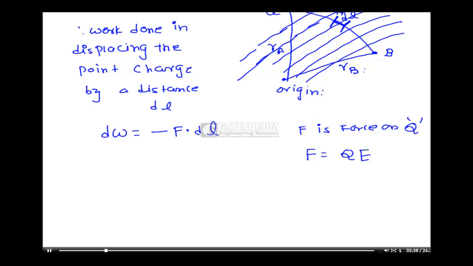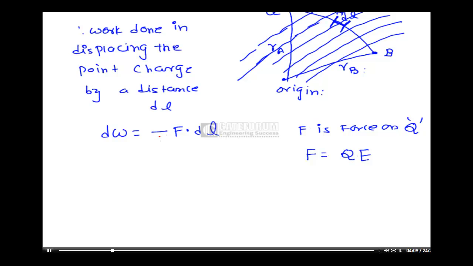Here the negative sign indicates that the work is done by some external agent to move the charge against the electric field. Here I am considering a positive charge, so I am moving the charge against the field. Some external agent is needed to move the charge.